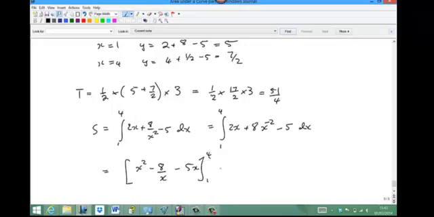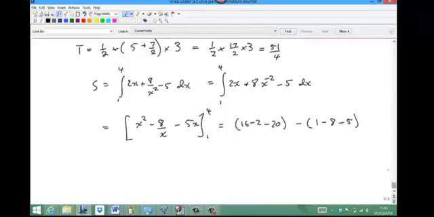So evaluating at 4, we've got 16 minus 8 over 4, which is 2, minus 5x, which is 20, and evaluating at 1, we'll have 1 minus 8 minus 5. So 16 minus 2 minus 20 is minus 6, minus the value at 1, which is 1 minus 8 minus 5, minus 12, so minus minus 12 is plus 12.